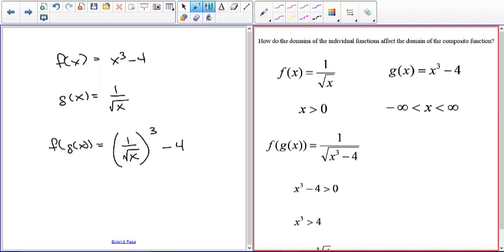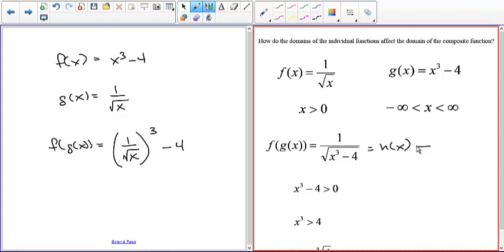Okay, so that's the way you go about creating composite functions. The thing about a composite function is you've got the original two functions, which have their own domains, and then you combine them into a function. Now the composite function, let's say I call this h of x. So h of x is 1 over the square root of x cubed minus 4.